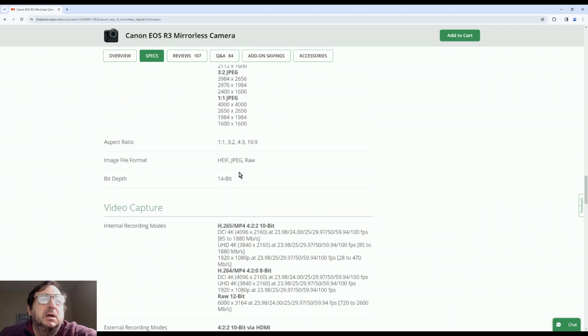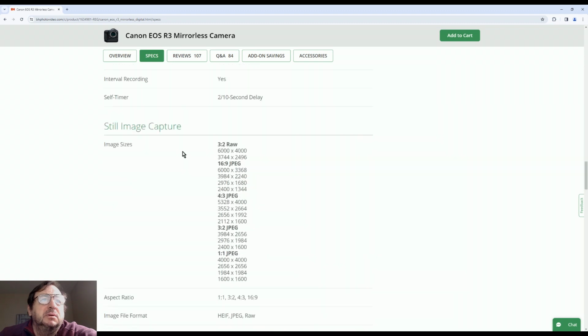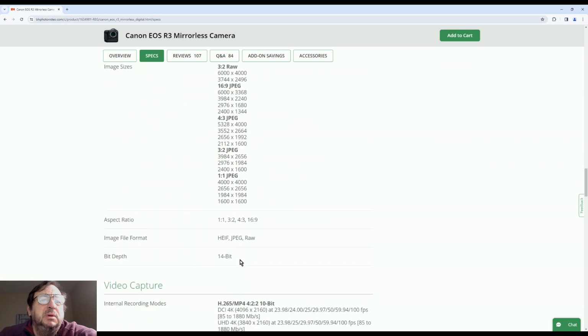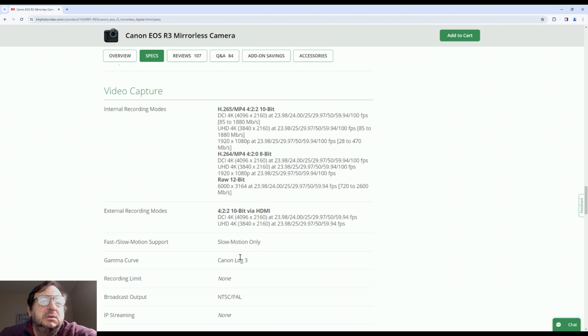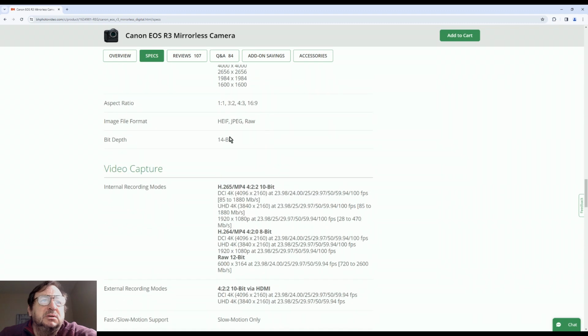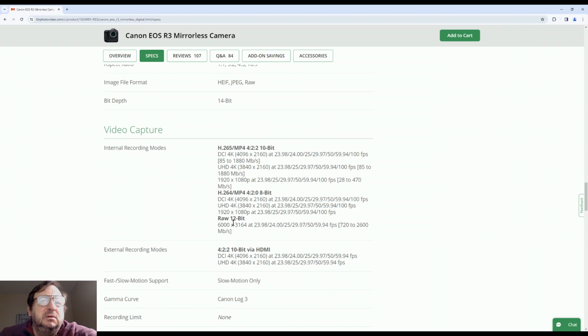Okay, this color is for the still image, 14 bit. So if it says 10 bit for video, it means for pictures you have more colors than for video. This is raw 12 bit.